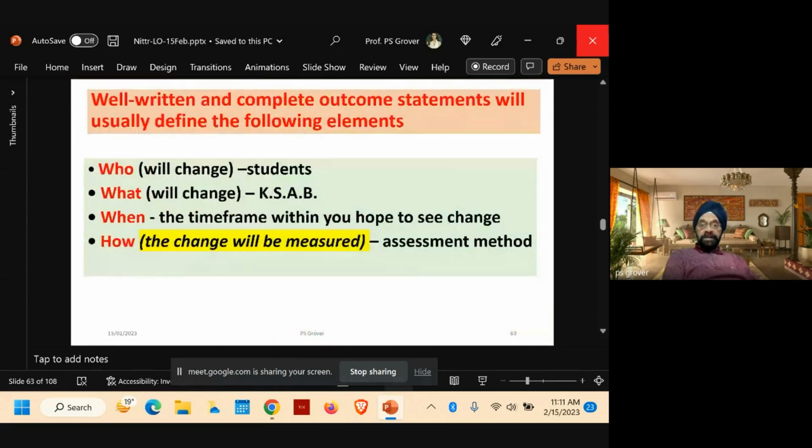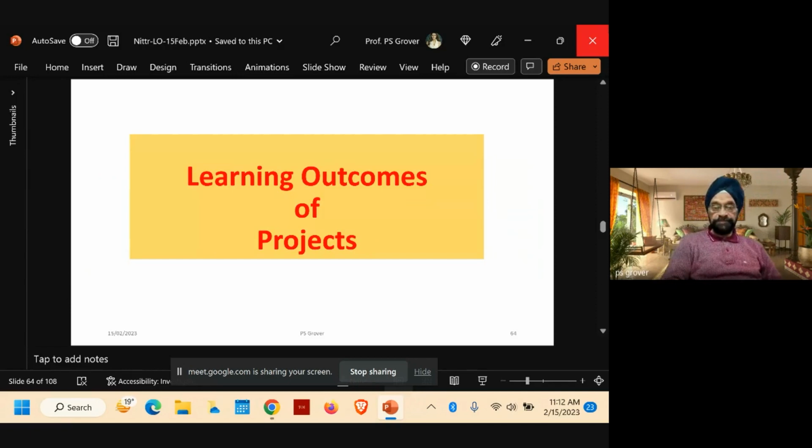A well-written and complete outcome statement will usually define the following elements: who will change, the students; what will change, knowledge, skill, etc.; the time frame when they wish the change; and how the change will be measured, assessment, and so on. That's how we construct the course outcomes.